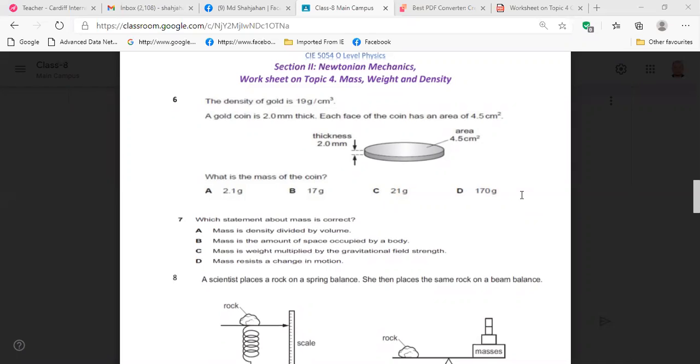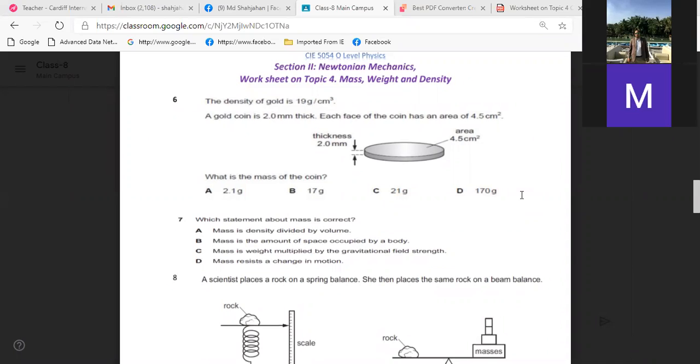The density is directly given, so if you can get the volume, then you can get the mass. So Maruf, how will you get the volume? For measuring volume, we gave two techniques, by using formula or by water displacement method. So which technique we should apply here?